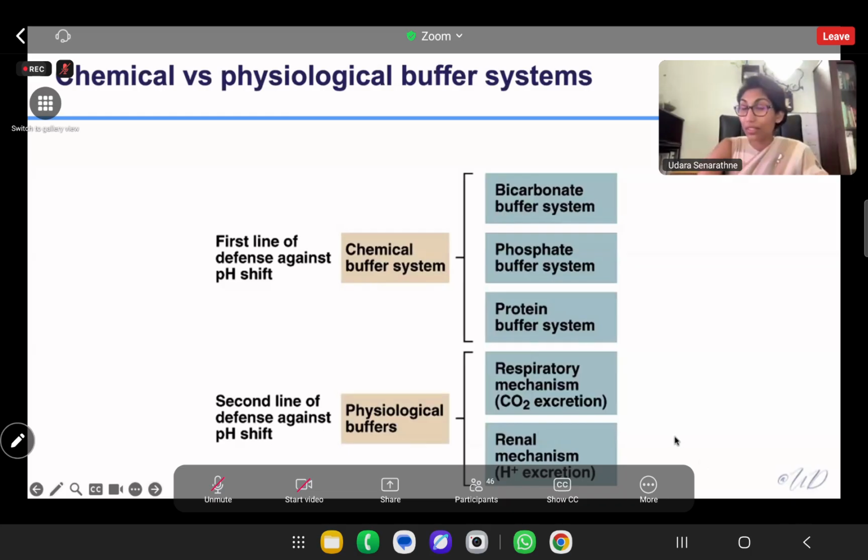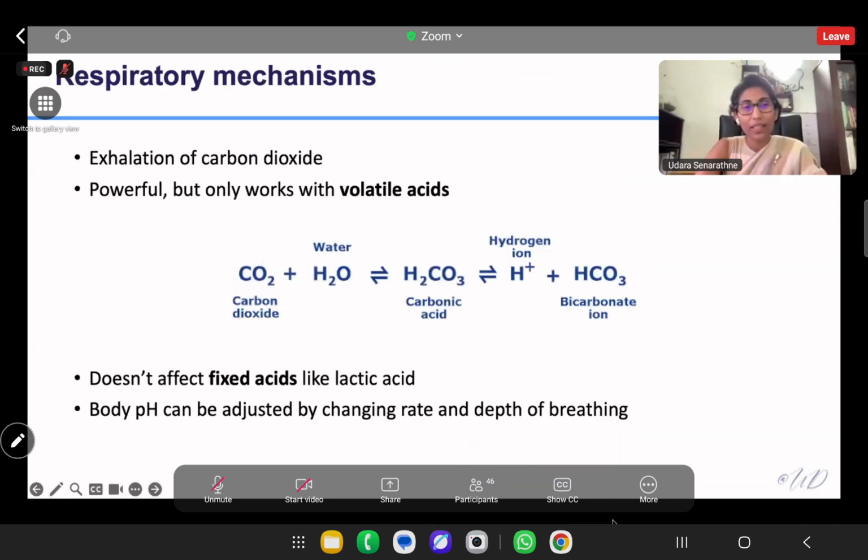So these two functions need time to act. Usually we say within minutes these chemical buffer systems come into play. Within hours, respiratory mechanisms come into play. Within days, renal mechanisms come into play.